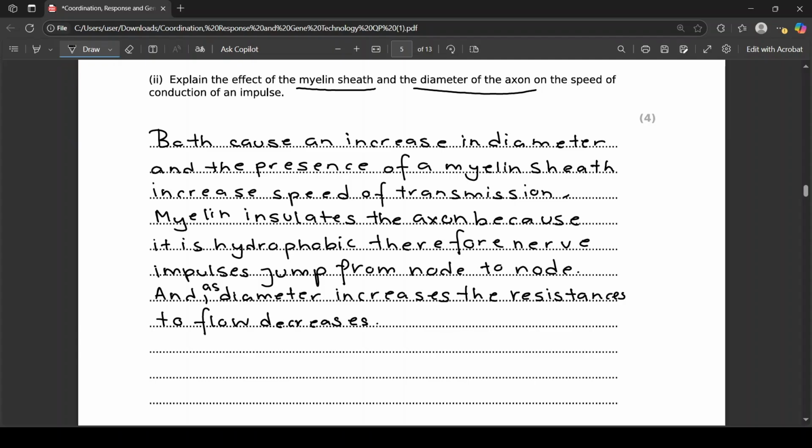Read this again, and I emphasize the importance of these questions, because these are the common questions, you may come across this question more often.